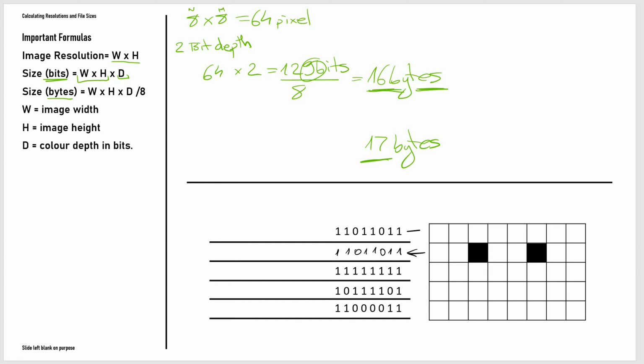And if you were converting the other way, from binary to an image, you would then simply just color in the cells which are represented by black, or should represent black.